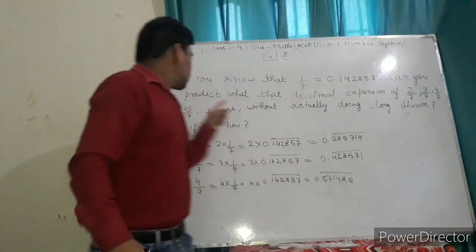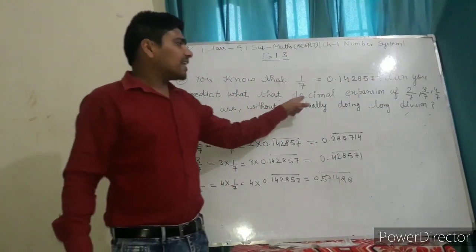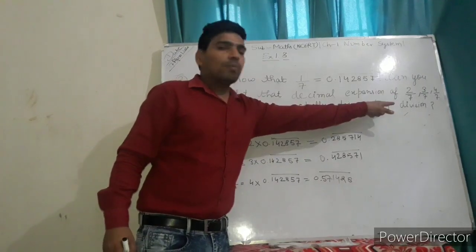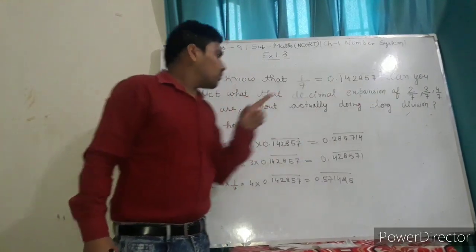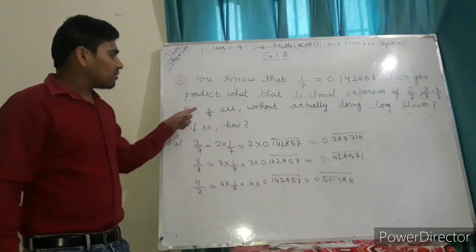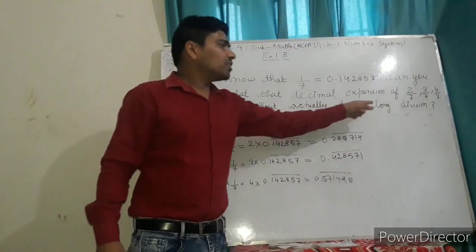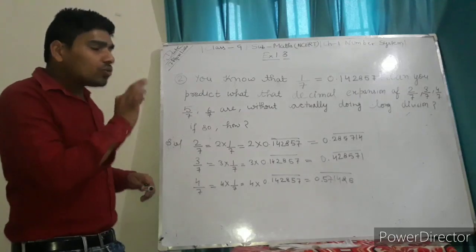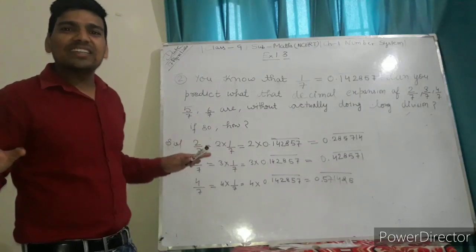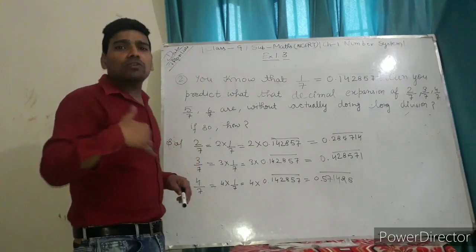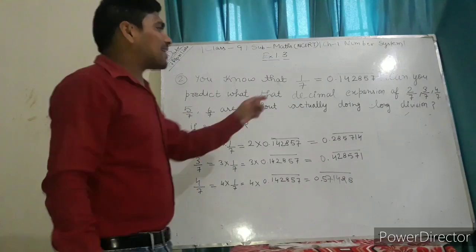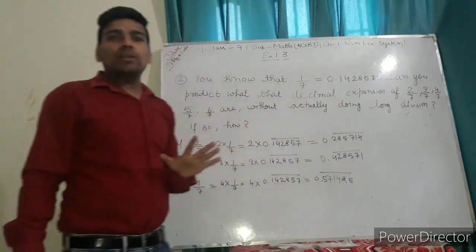Can you predict the decimal expansion of 2 upon 7, 3 upon 7, 4 upon 7, 5 upon 7 and 6 upon 7 without actually doing long division? It means you need not do the division, but you have to predict what the decimal expansion of this number will be.